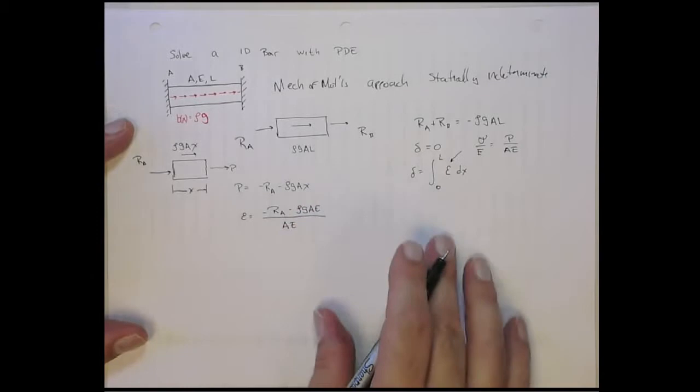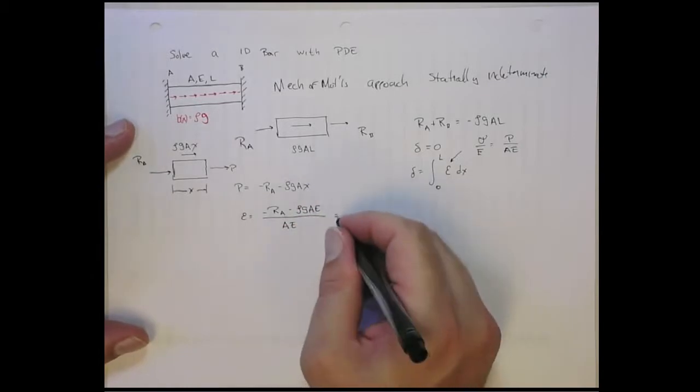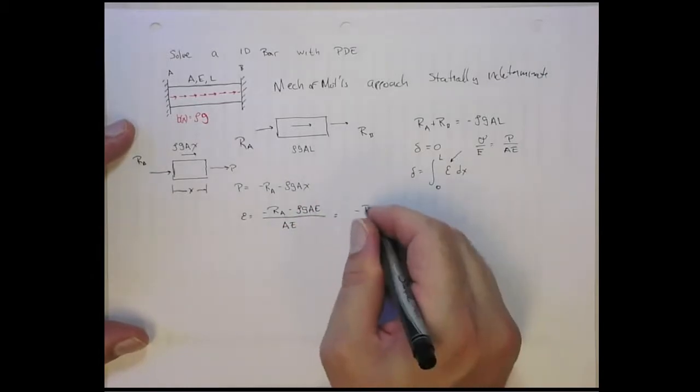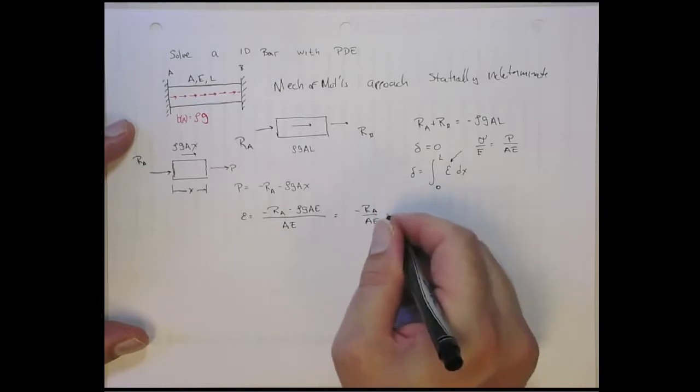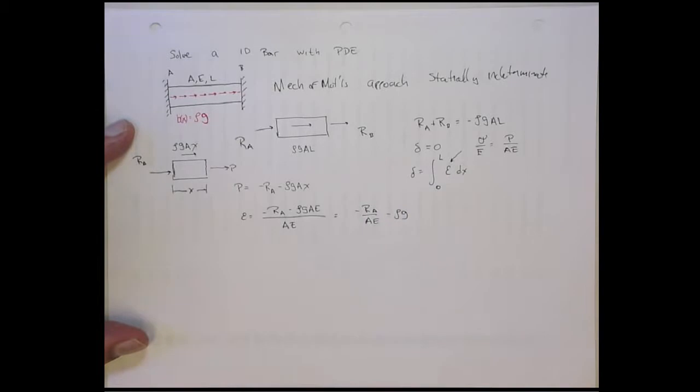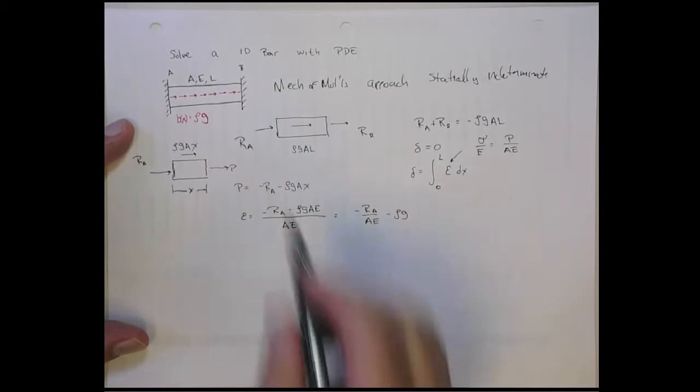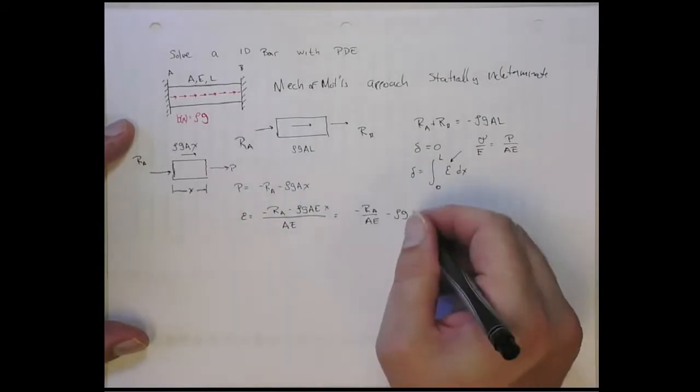And I guess I could simplify this a little bit. I can get minus RA over AE minus rho g over E. All right. And I dropped an X. Where'd the X go? I have an X here and X there.